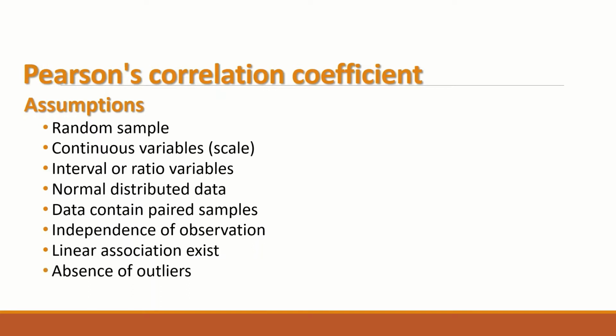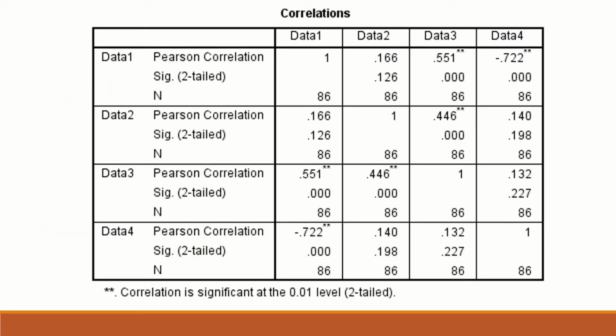There should be no outliers in the data, because outliers can shift the distribution of the data and make it not normal.